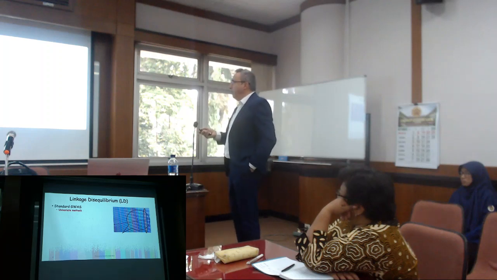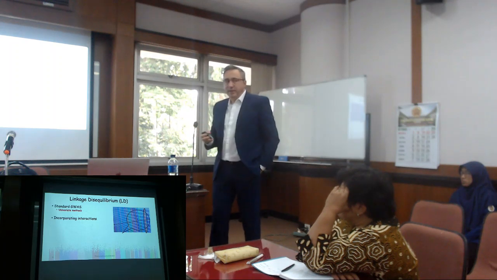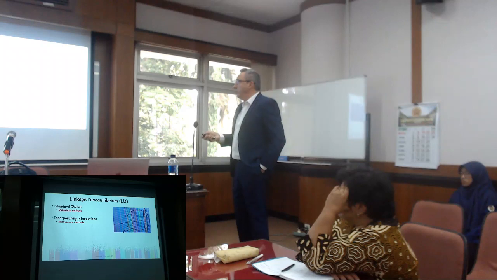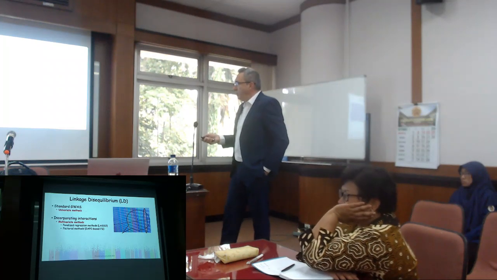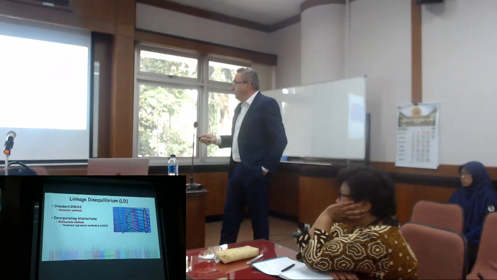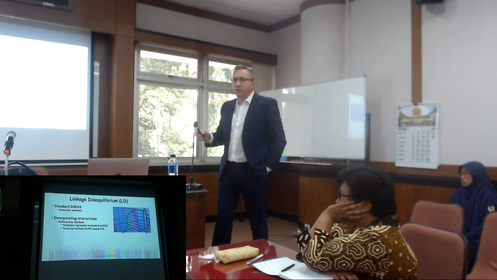So the standard GWAS uses methods to be able to overcome these limitations. One of them is the univariate method. Okay, that's the standard GWAS. But if you want to correct the data, there are at least two methods that we use. One is called the multivariate, and this one uses penalized regression methods, factorial methods, and these two are very well established statistical routes.